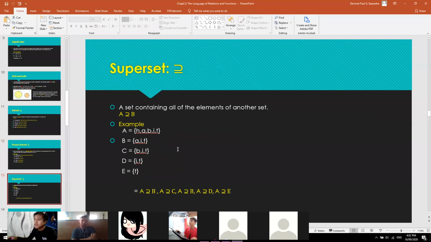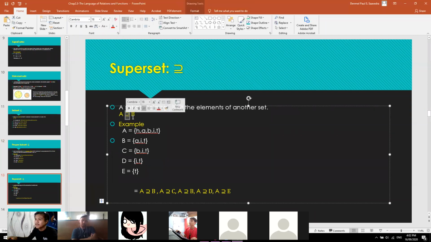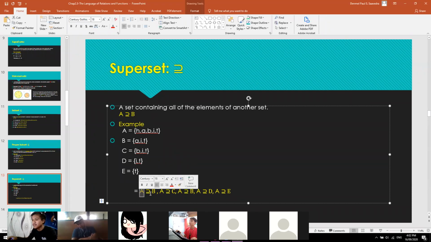Okay. So, next one is a superset. So, ito na yung, actually, parang binaliktad lang yung sign. Okay. So, A is a superset of B, wherein A contains all the elements of set B. Like this one, A is a superset of B, A is a superset of C, A is a superset of D, and then A is a superset of E. Okay?